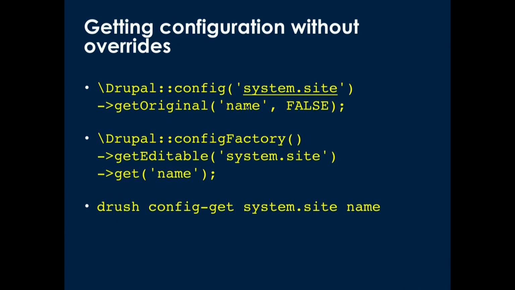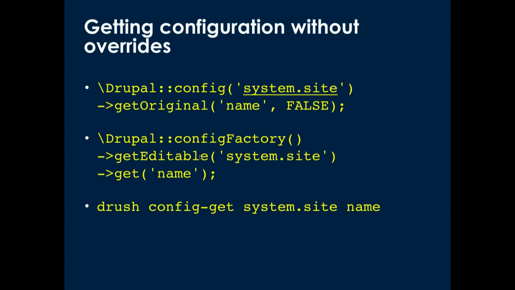And passing in false says we don't want overrides. Another way to do it is to use the config factory service, and that will allow you to get an editable version of the configuration. You would use that if you wanted to retrieve the configuration, make some changes to it, and then save it back. Obviously, in that case, you're going to want the overridden version.